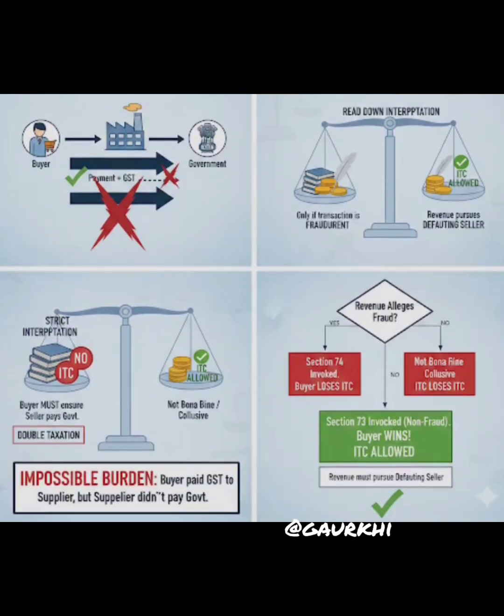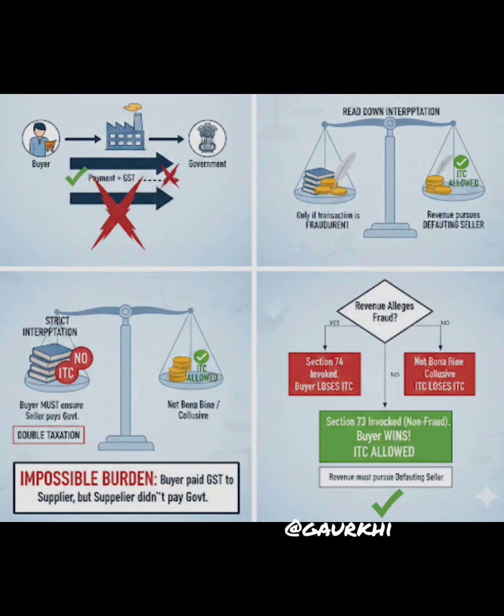So accordingly, in these cases, if you have made bona fide purchases, if you have the invoice, if you have paid the tax, if the supplier has already reported it in GSTR-1 and it is appearing in GSTR-2A, then you are eligible to avail the ITC, as it is a bona fide transaction.